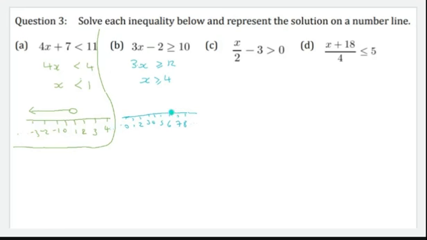Now what we're going to do is draw a circle at 4, but this time we're going to color it in because that includes the 4, because it's greater than or equal to, and then we draw our arrow going this way because it's greater than. That's it.